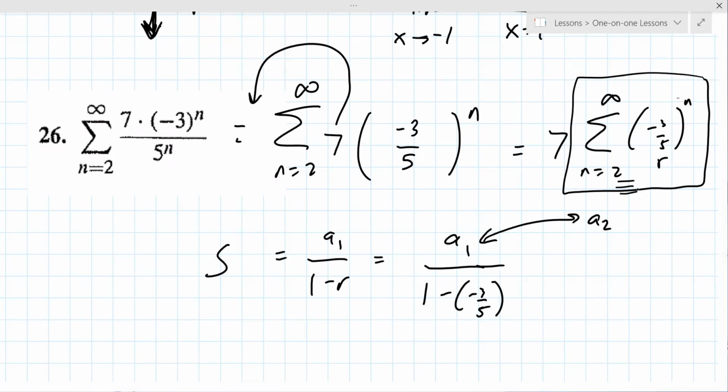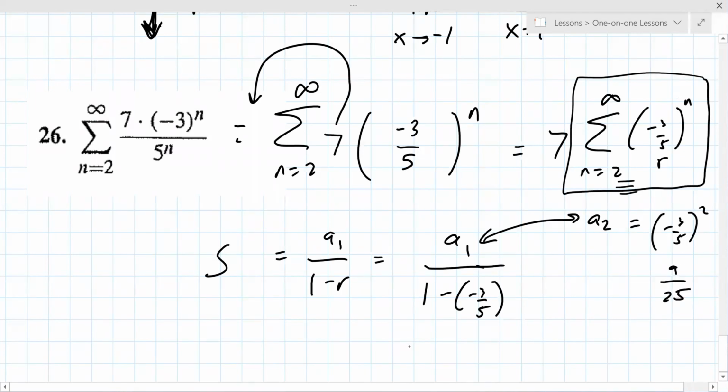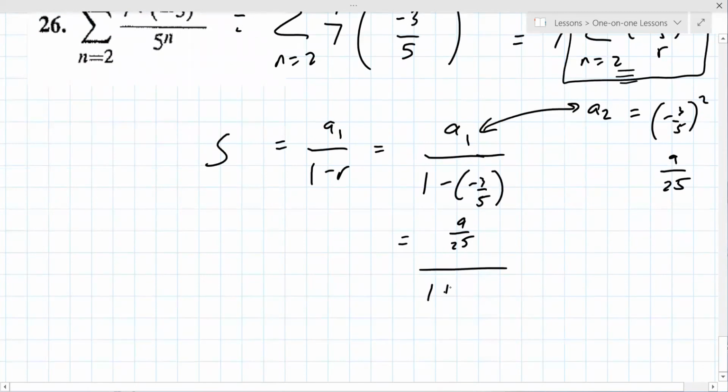So you're just putting 2 in for n, so that's (-3/5) squared, which is 9 over 25. That's your first term. So it's 9 over 25 over 1 plus 3/5. So you make a common denominator on the bottom, 5 over 5.